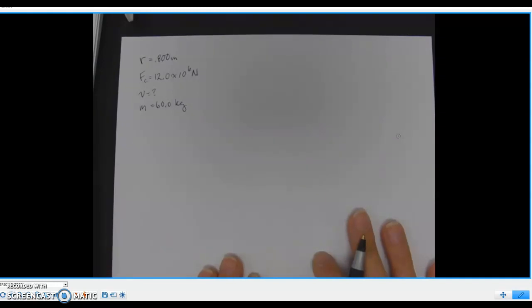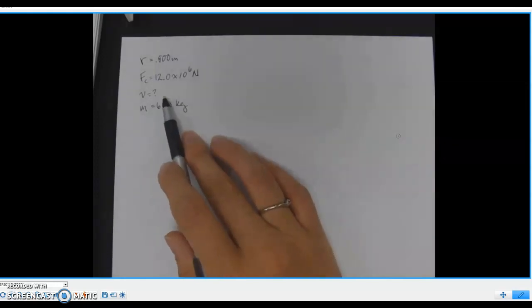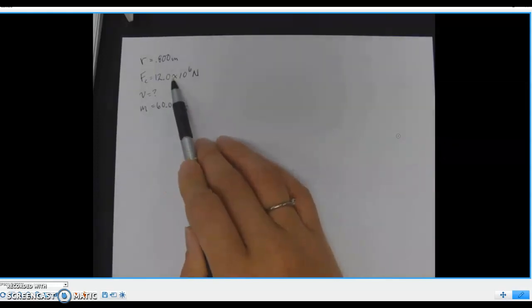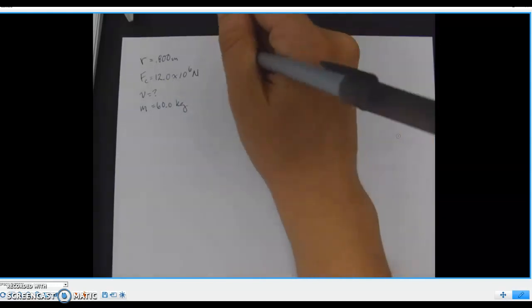All right, so we need to pick an equation where we know everything except for the unknown. We have this interesting centripetal force, and one of these centripetal force equations is this one.